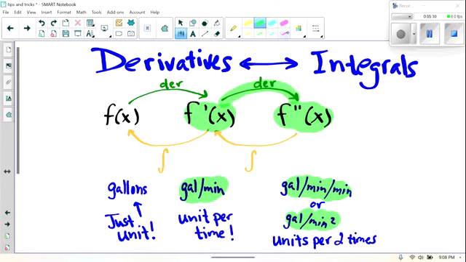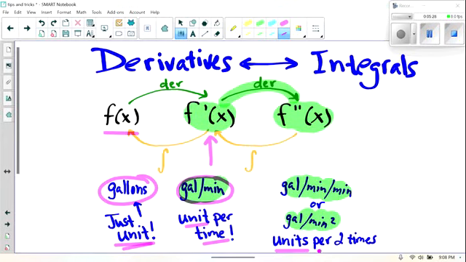Rule of thumb, if they just give you the unit, for example, gallons, you have the original equation. If they give you a rate, your unit per time, like maybe gallons per minute, you now have the first derivative. If they give you units per two times, minute per minute or minute squared, that's the second derivative.